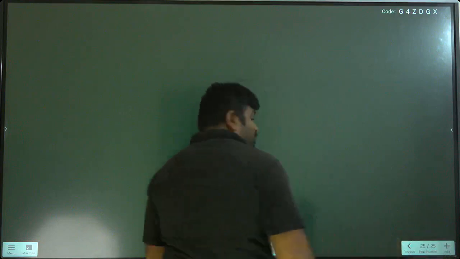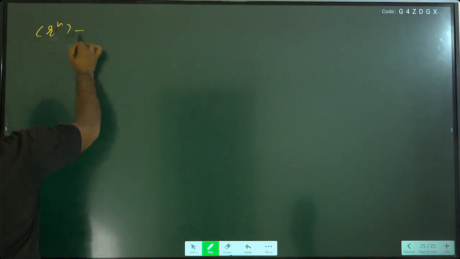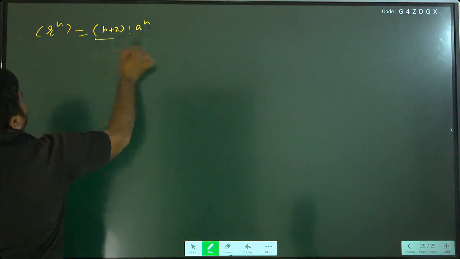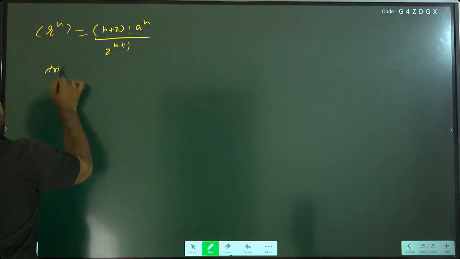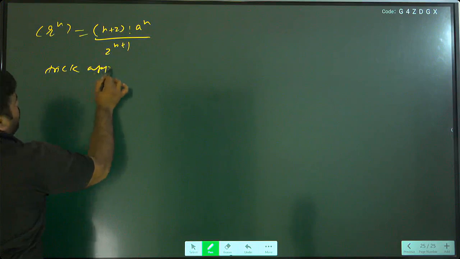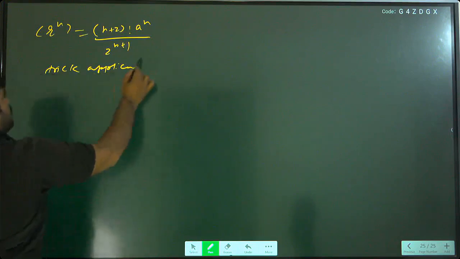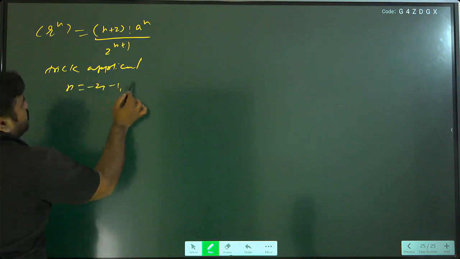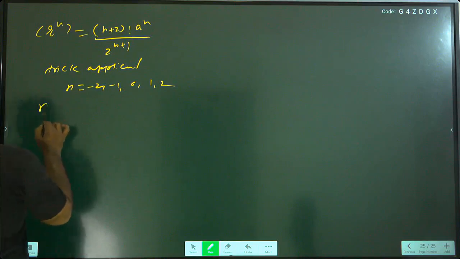But this trick is applicable only up to expression of r to the power n is equal to how much? (n plus 2) factorial upon a to the power n divided by 2 to the power n plus 1. Okay, trick applicable only for n is equal to minus 2, minus 1, 0, 1, 2.